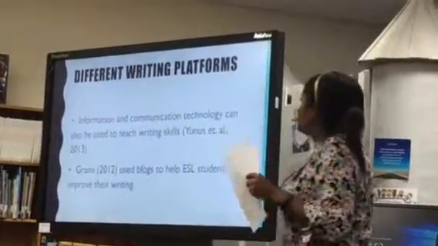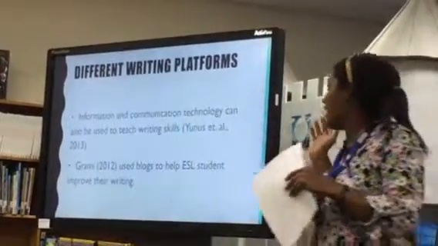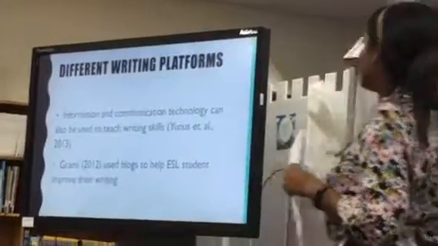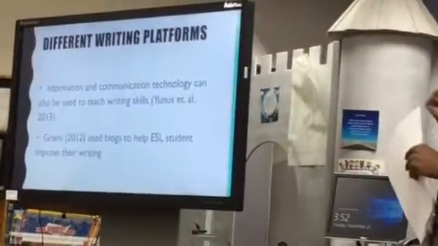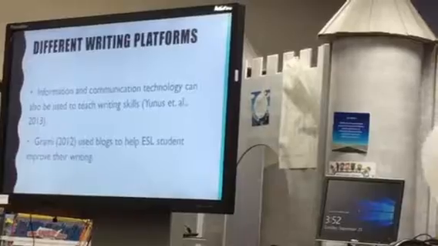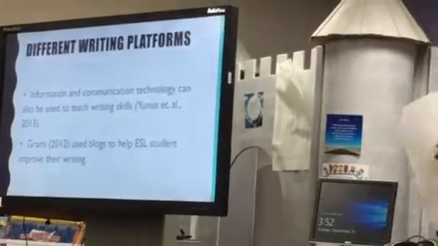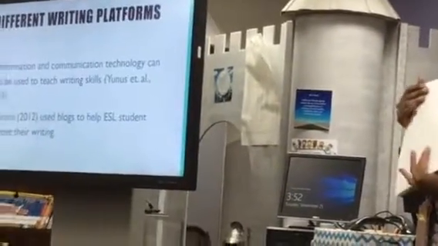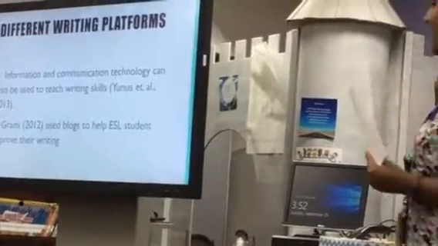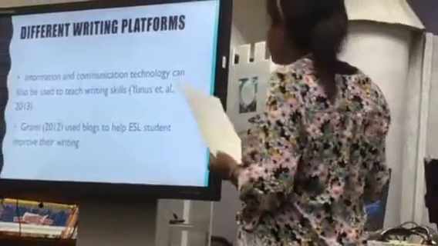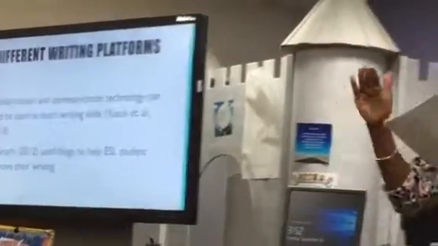So we have several different types of writing platforms. We can use technology to teach writing. We can use it to help with typing skills, as well as using it to give feedback. All of those together can help students with their writing, especially in 4th grade because they start to take the Lita Access on computer, like all 4 parts of it.